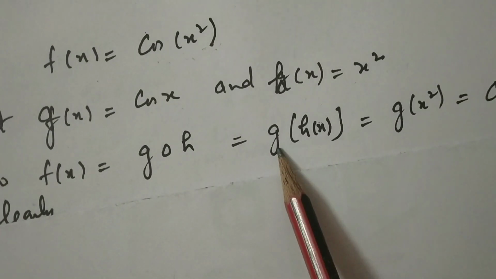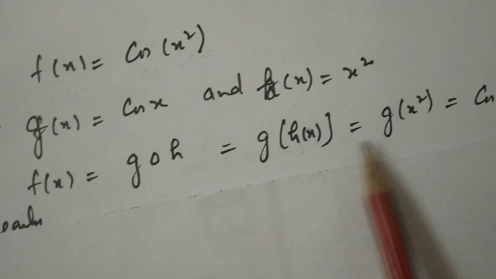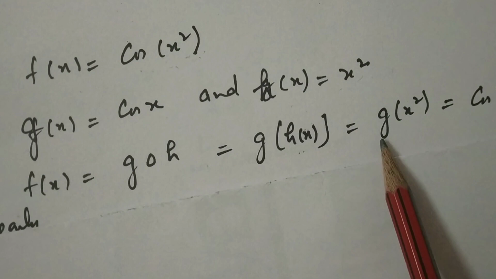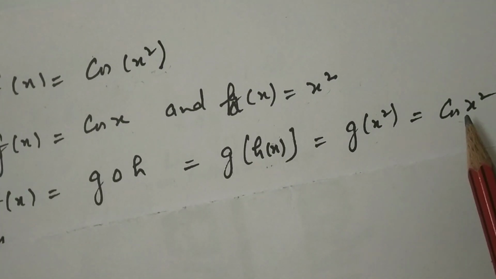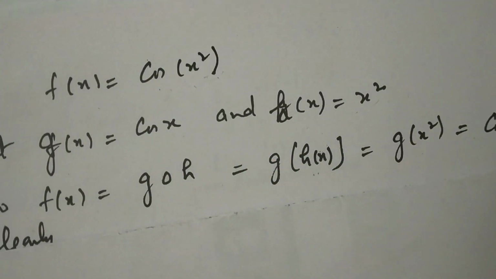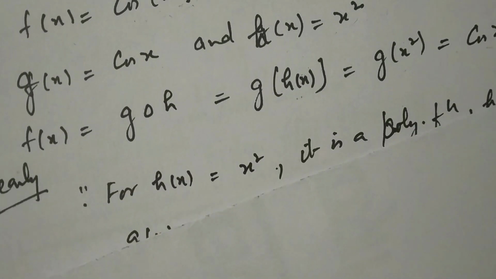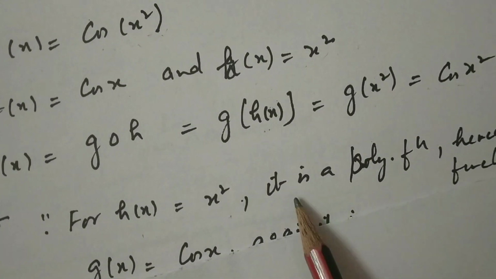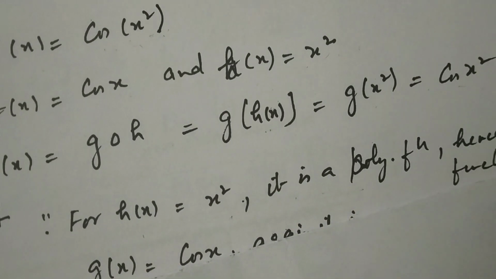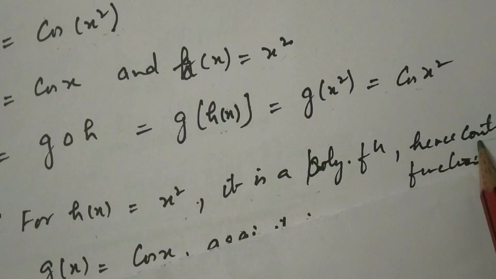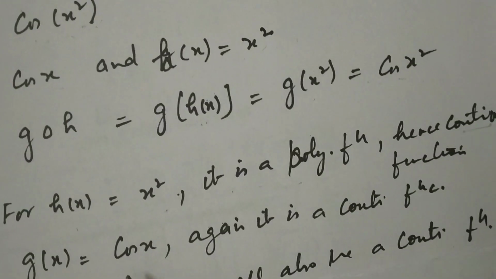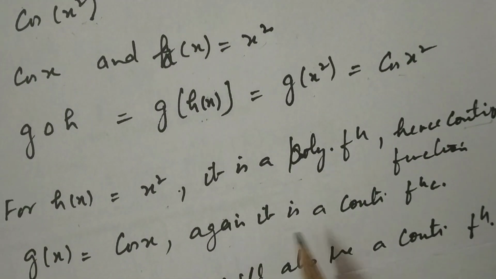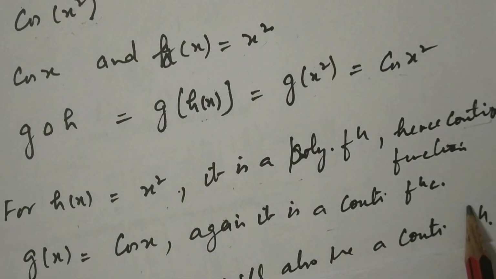So if I write g of h(x), that means h(x) was x square, so g of x square will give me cos of x square. And since h(x) equal to x square is a polynomial function, hence it is a continuous function. And then g(x) equal to cos x is again a continuous function.